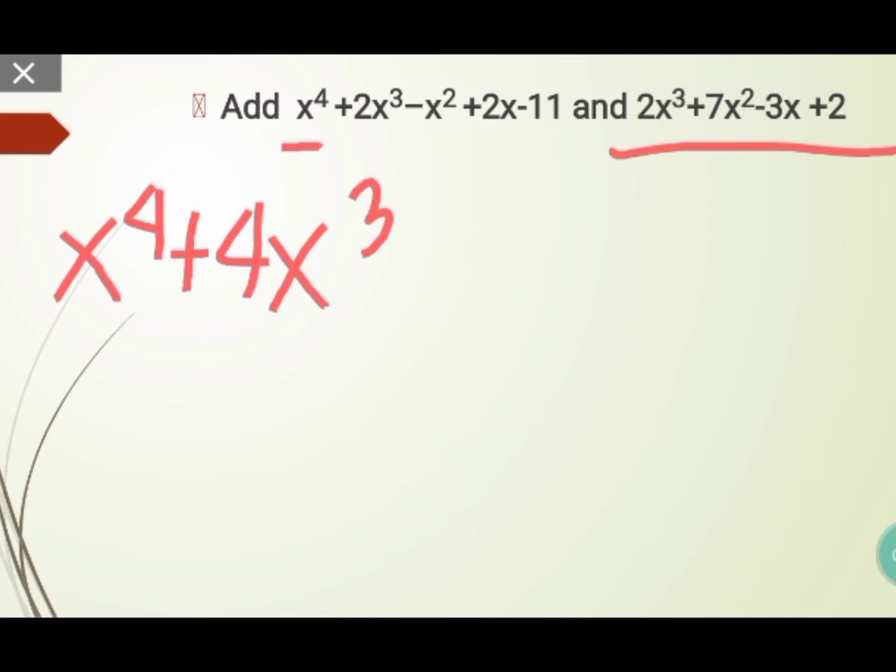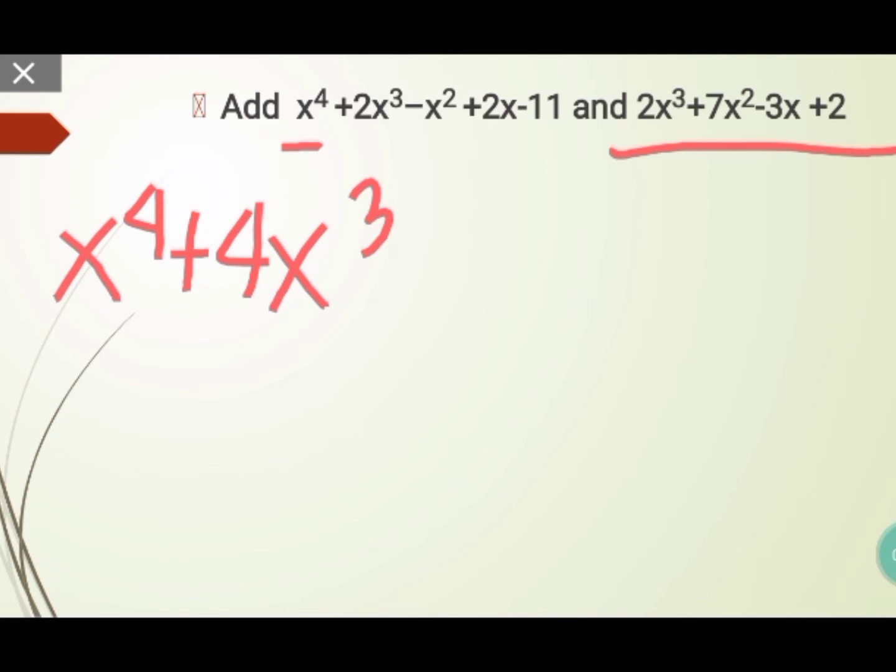Then positive 7x squared minus x squared. In this case, it has a different sign. If you encounter this problem, because you're adding polynomials, 7x squared would be subtracted by x squared instead of adding, because it has a different sign.